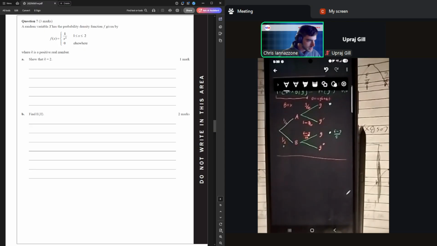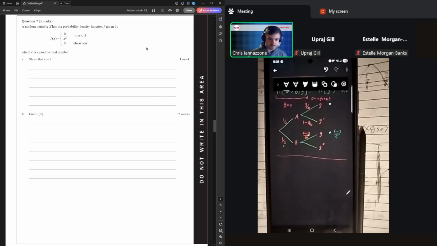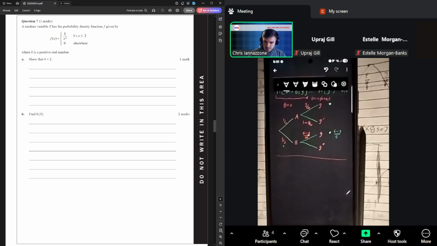Okay, let me chuck in both Exam 1 and the solutions. We're currently up to 7A. Let me chuck that back in so Estelle could also see the documents.